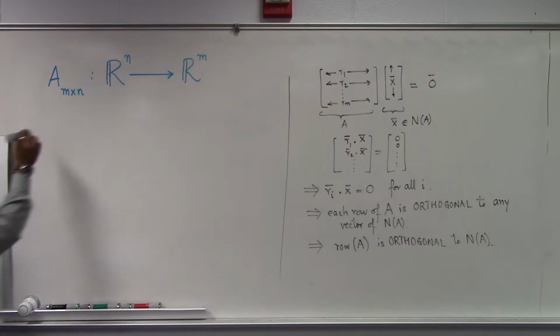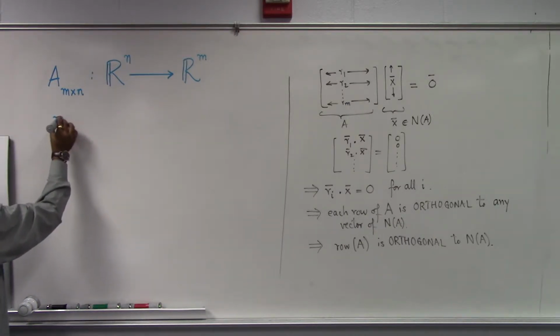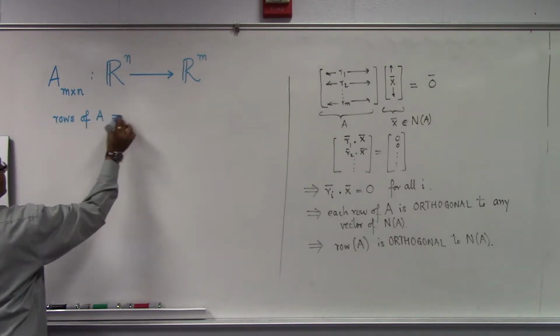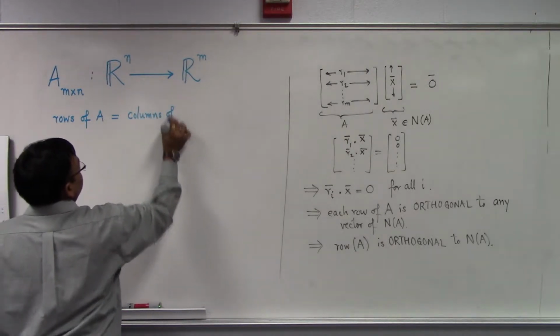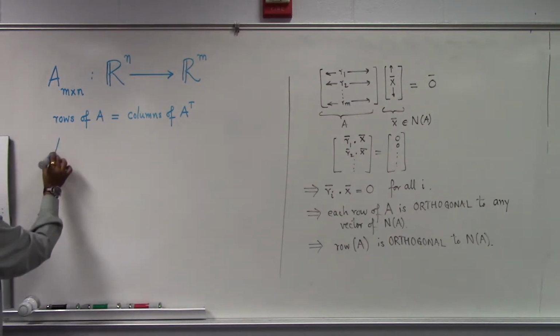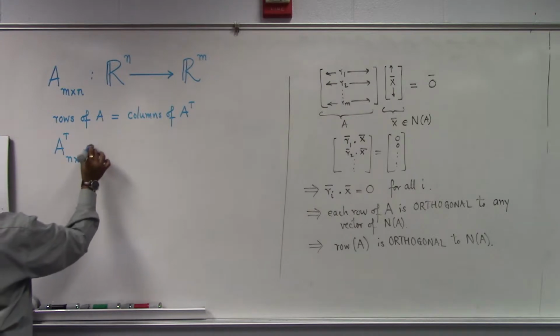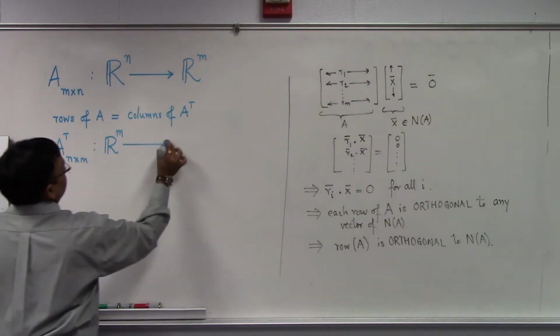Now, when you say row space, can we also say that the rows of A are actually the columns of A transpose? When you deal with A transpose, it would be an n by m matrix, so this would be a linear transformation from Rm to Rn.